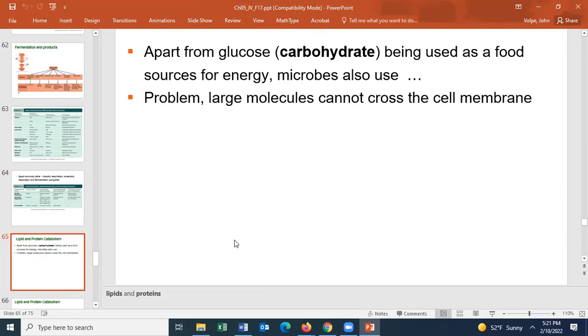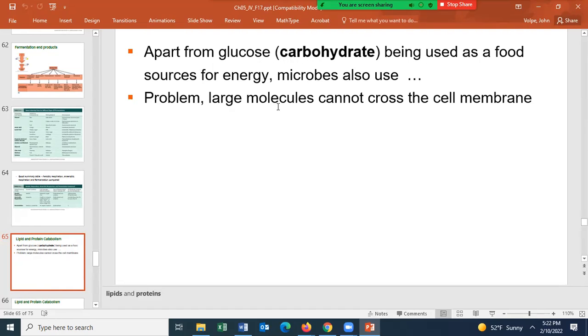But other molecules can be used. Like I said, other sugars can be used and they can be converted into glucose and then use aerobic respiration. You can use other carbohydrates like starch, break the starch down into glucose and then send that through ATP. You can use other large molecules like lipids and proteins.